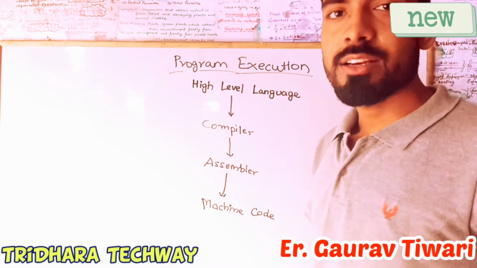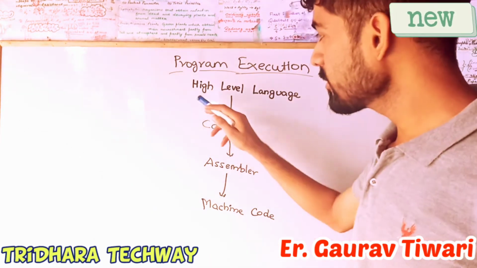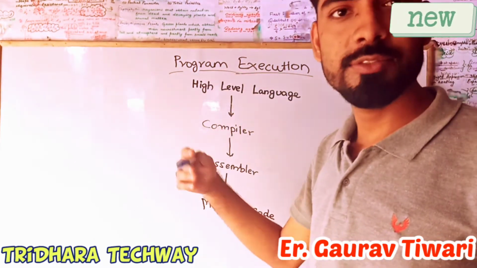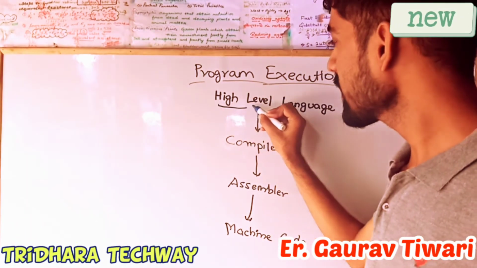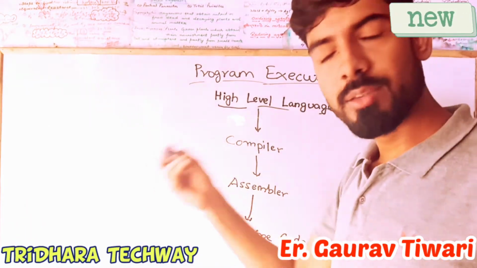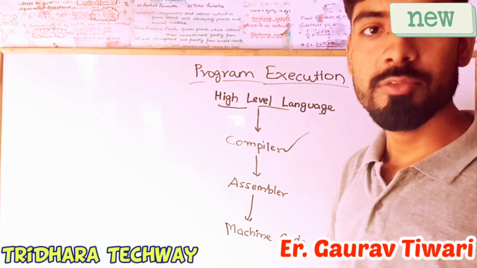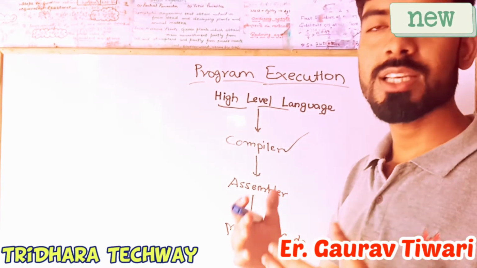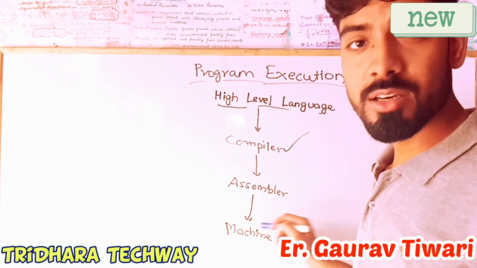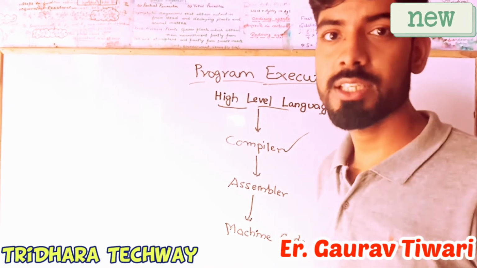So let's understand the program execution through this flow diagram. There is a high level language, as we already discussed. When we write in any high level programming language, it has to be compiled first so that it becomes assembly language, and then the assembler will assemble it in terms of zeros and ones, that is called machine code.